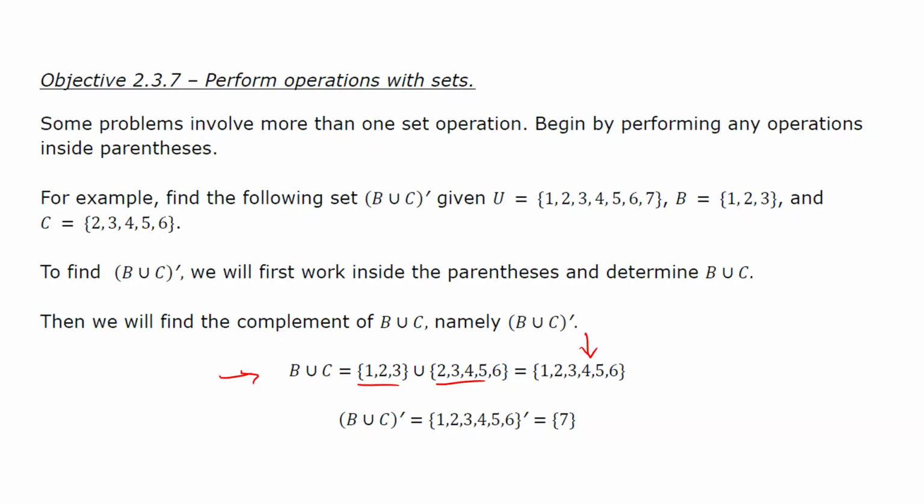But our question is asking for the complement of this. So now we want all the elements that are in the universal set that are not in the union of set B and C. We take our universal set, then cross out all the elements that are in the union of B and C, so that would be 1, 2, 3, 4, 5, and 6.